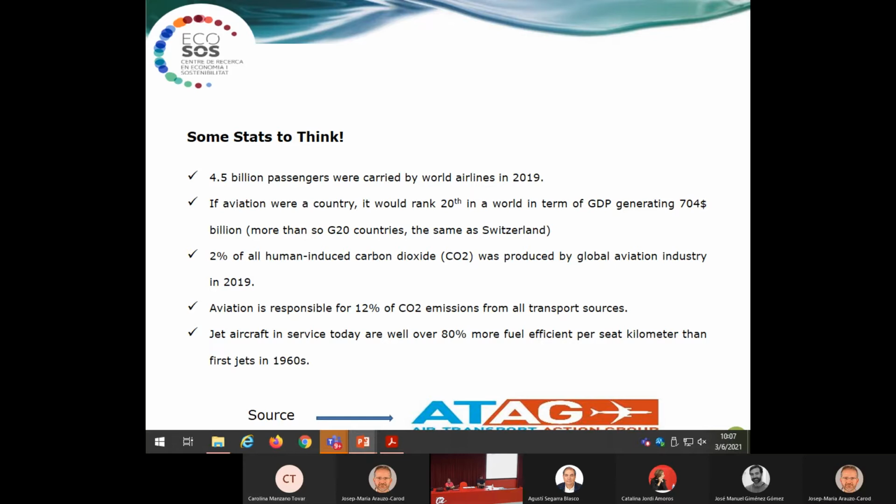And as you can see, having activities on that scale, with worldwide operation, of course it has some implications for the environment. Just to tell you, 2% of all human-induced carbon dioxide was produced by the airline industry in 2019, just before coronavirus, because we know that all the flights stopped due to safety measures and health reasons.